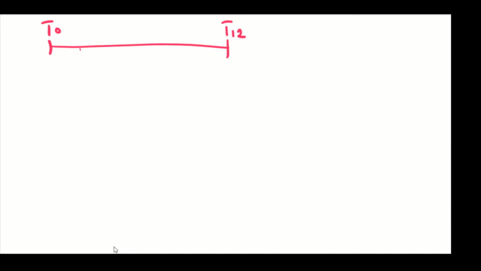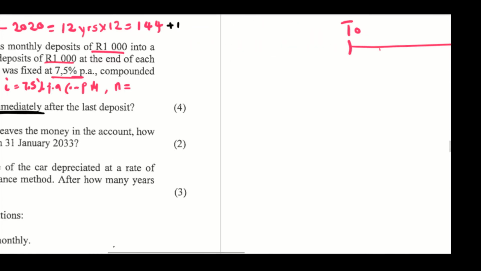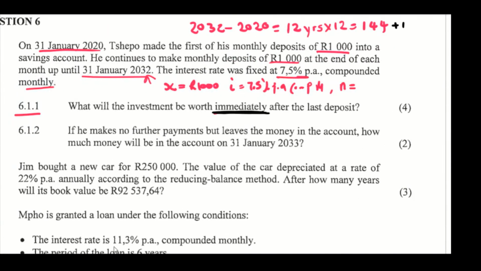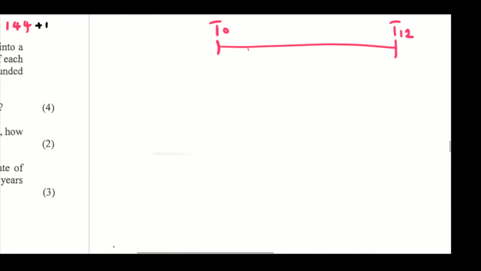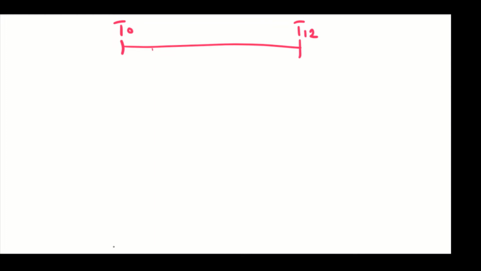Payment will be made on the 31st of January 2020, that's the first payment, and the last payment is made on the 31st of January, so you will have your T1 all the way up to the 12th year.